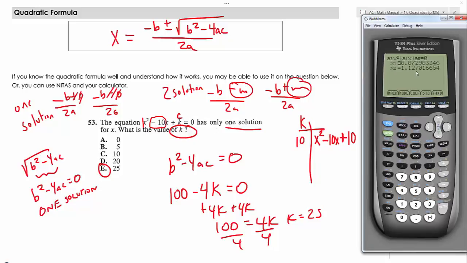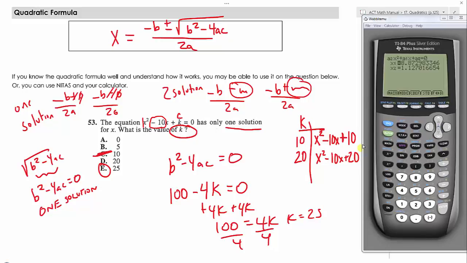When I solve, look what happens. I do not get only one solution. So that tells me C cannot be correct. I got two solutions. If I try answer choice D, which would be k equals 20, now my quadratic would look like x squared minus 10x plus 20.